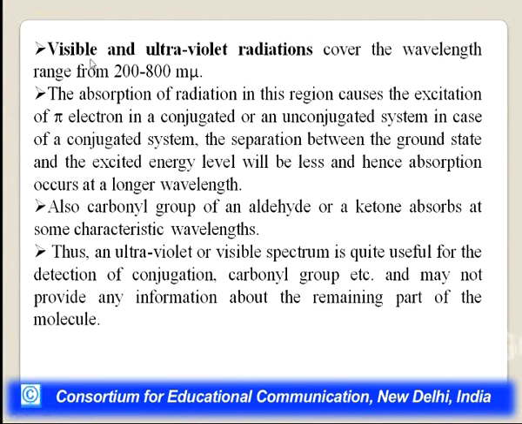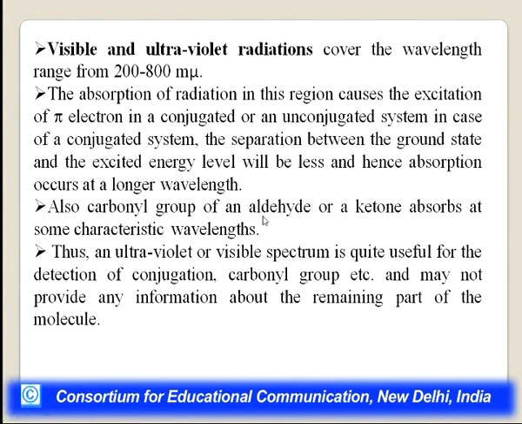Now, visible and ultraviolet radiations cover the range 200 to 800 millimicron. The absorption of radiation in this region causes the excitation of pi electrons in a conjugated system, or in an unconjugated system, sigma electrons. The separation between the ground state and the excited energy level will be less, and hence absorption occurs at a longer wavelength.